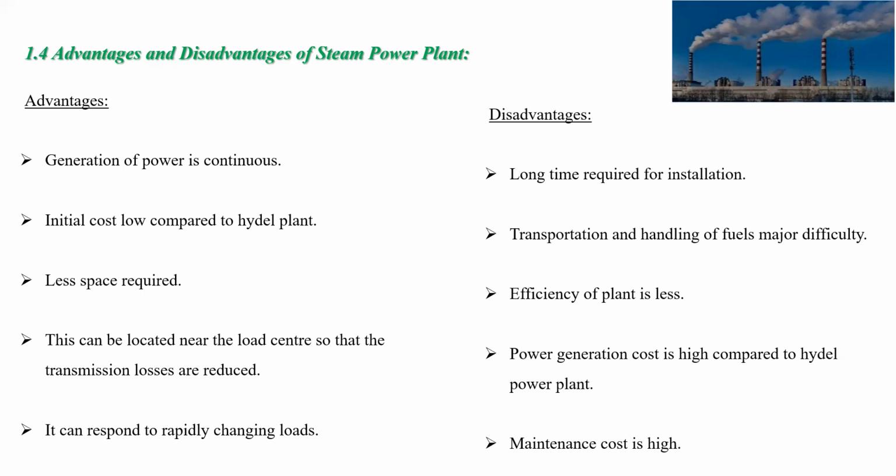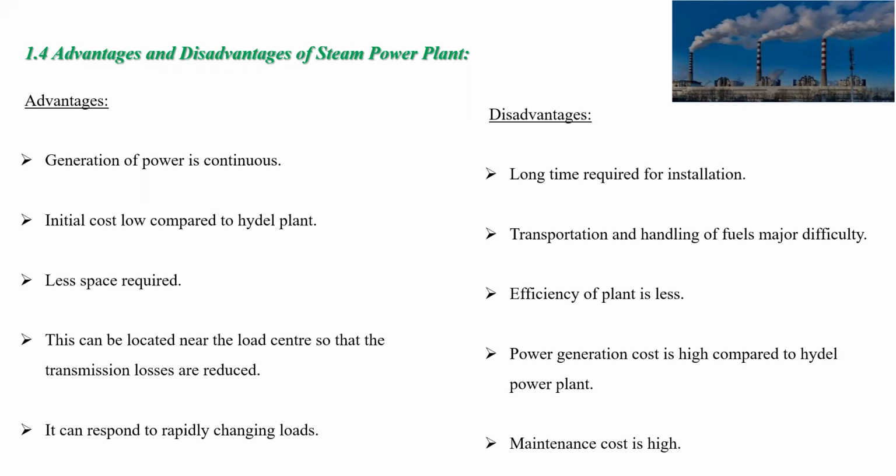Initial cost is low compared to a hydro power plant, because in a hydro power plant, construction of the dam is very costly, whereas the construction cost here is very less. Less space is required. A hydro power plant requires more area for the catchment area for storing water, whereas very little space is required for a thermal plant.